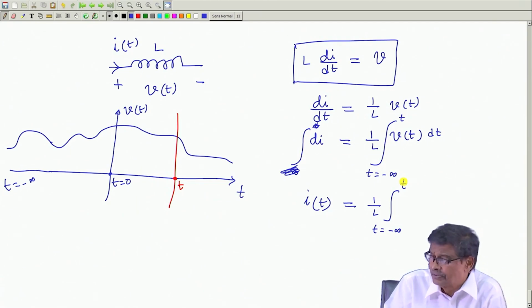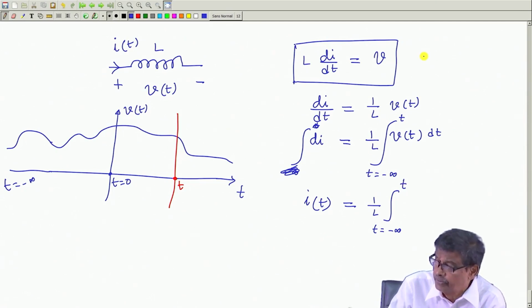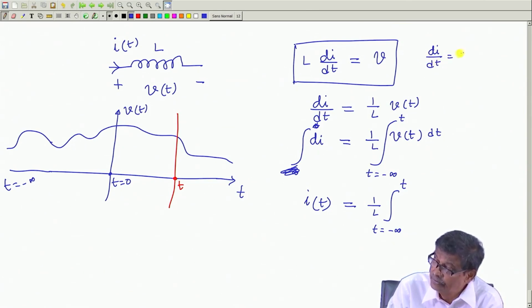Sometimes what people do is a more scientific way of writing. Suppose di/dt is equal to 1 by L into V(tau). You want to find the current at any time.